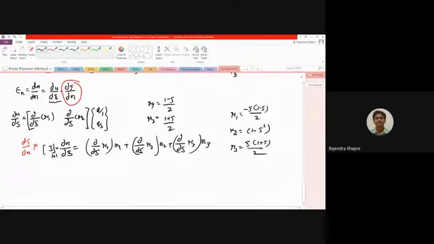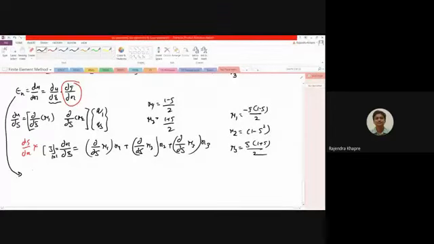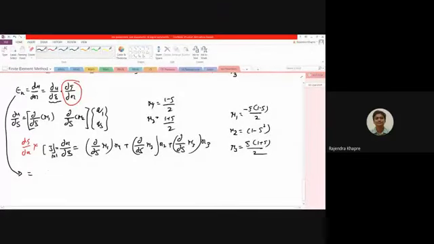But if you talk about the strain now, your strain is epsilon x, so this will be del u by dx. If you rewrite this particular term, it will be multiplied by q1 and q3, so the same term I can write over here.